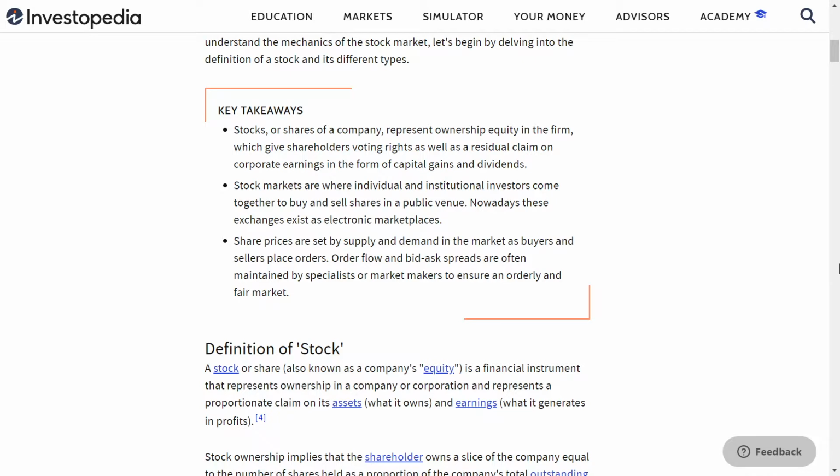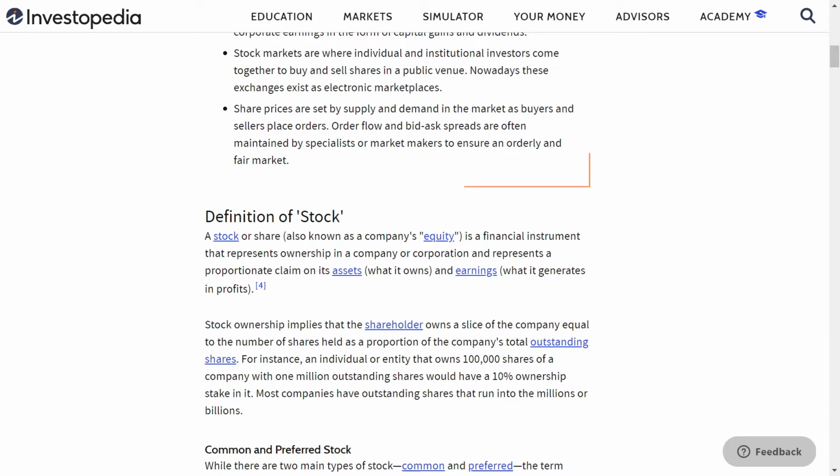The short answer is when you buy a stock, you buy a piece of the equity, as per the Investopedia explanation here, and that means you're buying just a little portion of the company. So if you buy a $10 share and you buy 10 of them, you have $100 worth of that share. If it goes up even just $1, you have a 10 times magnification because you own 10 shares.